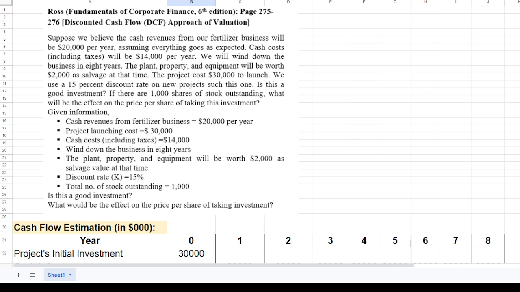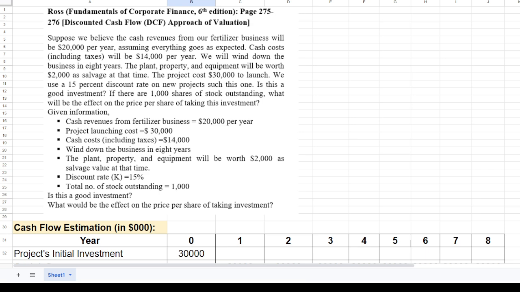That is the initial investment. We use the 15% discount rate, which is also known as the cost of capital. Now the question is, is this a good investment? If there are 1,000 shares of stock outstanding, what will be the effect on the price per share of taking this investment? Now once we read the question, then we organize the given information like this.